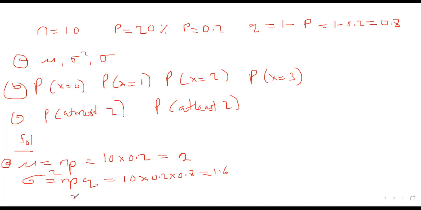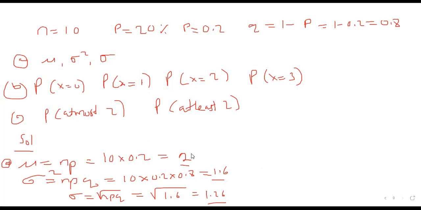Then our standard deviation is the square root of the variance, which in this case is npq. So what is the square root of 1.6? 1.26. Okay. So this is how we find the mean, the variance, and the standard deviation.